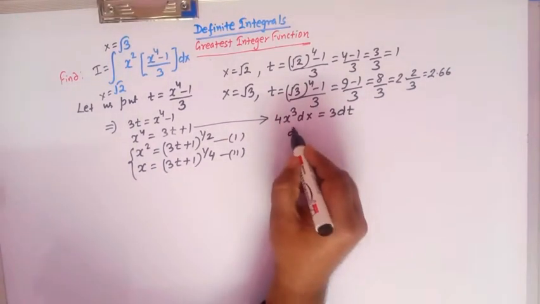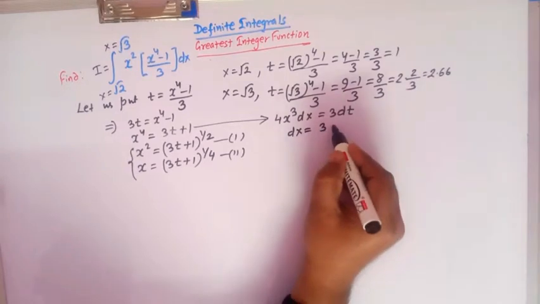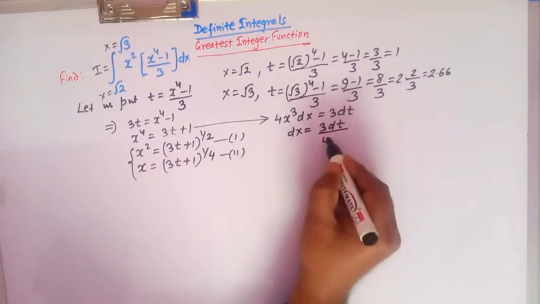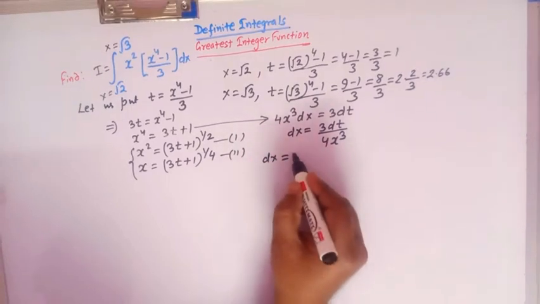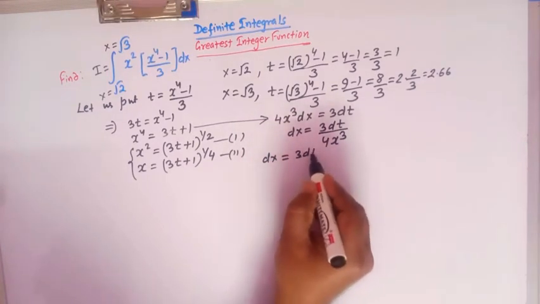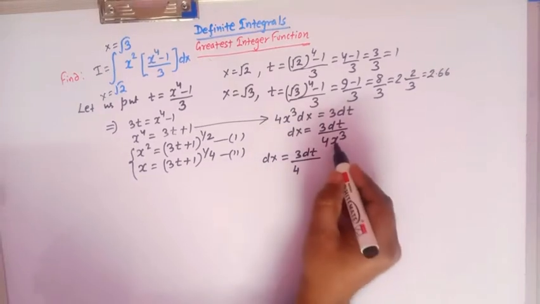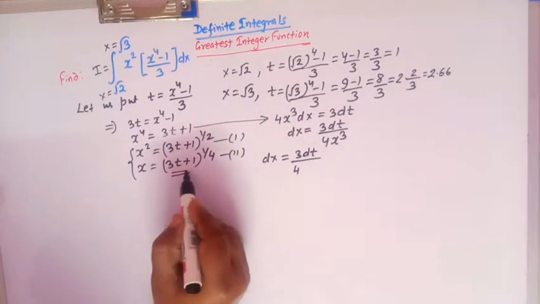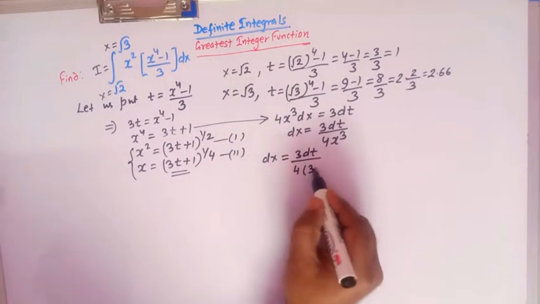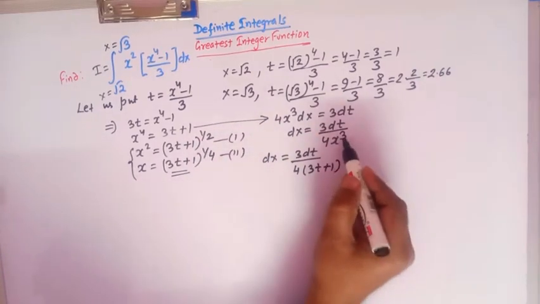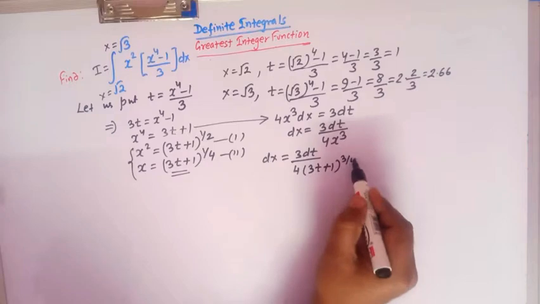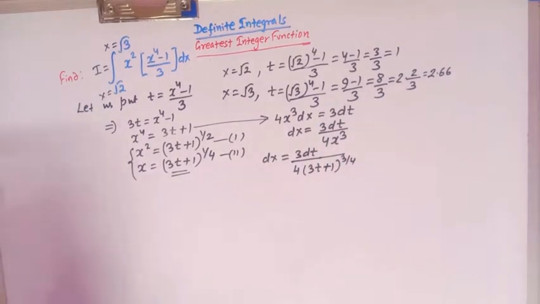So now dx can be written as 3 dt over 4x³. For x we can write this expression, so we have (3t + 1) raised to 1/4, and this power will make it 3/4, right?